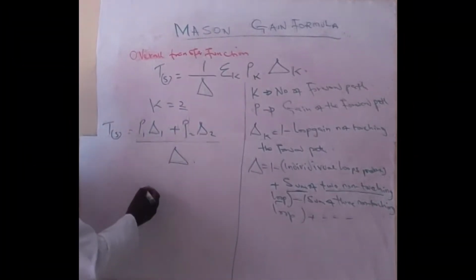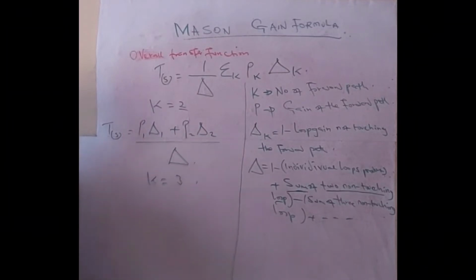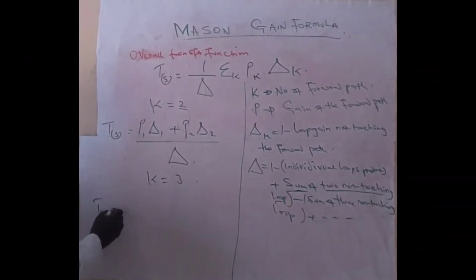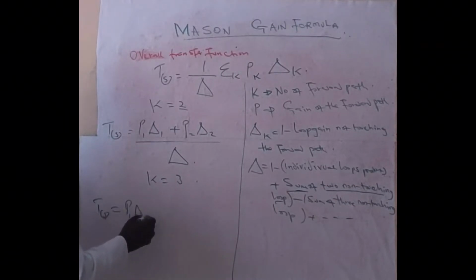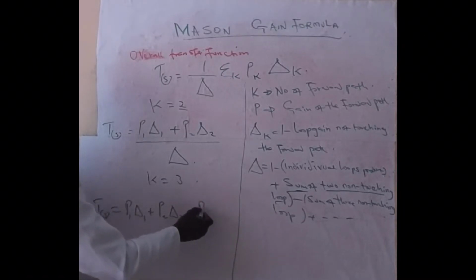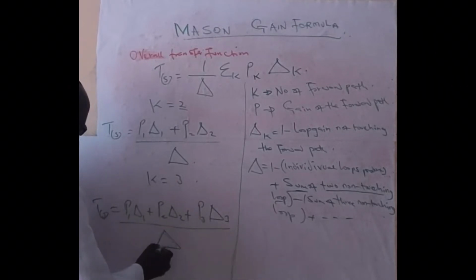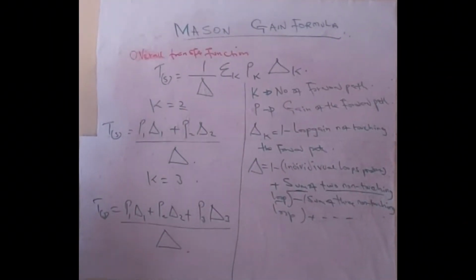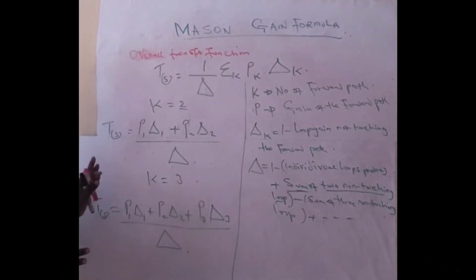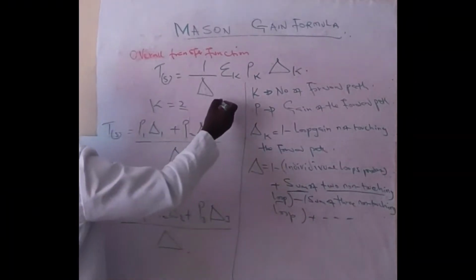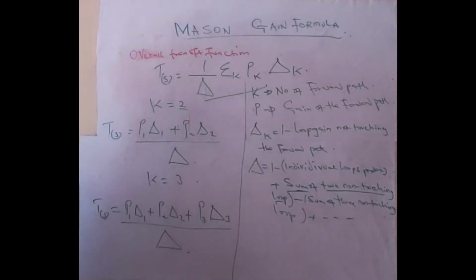Now if K is equal to 3, then the formula will yield to P1 delta 1 plus P2 delta 2 plus P3 delta 3 all over the overall delta. So the formula will only vary based on the number of forward paths which you've been given, but the formula remains to be this.